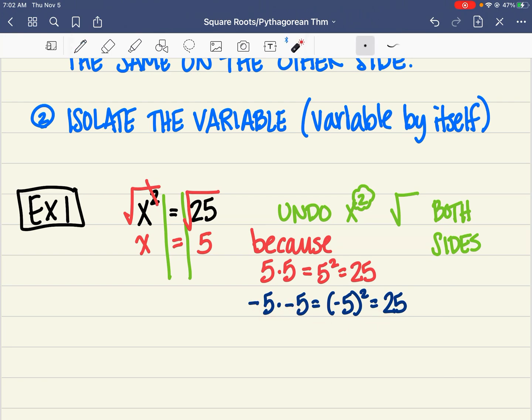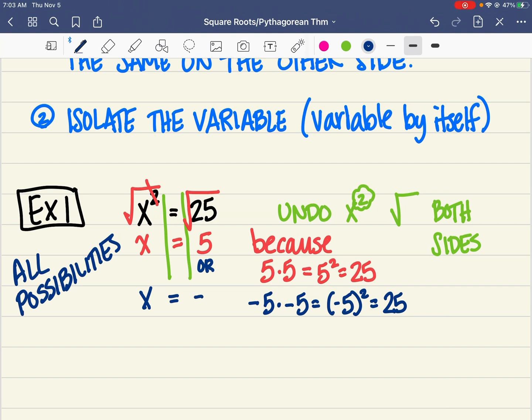So when we're solving equations, when we're solving for x, we want to find all possibilities. So this +5 is one possibility, but there is one more possibility. We have one more answer that it could be. It could be -5. So we could say x equals 5 or x equals -5.